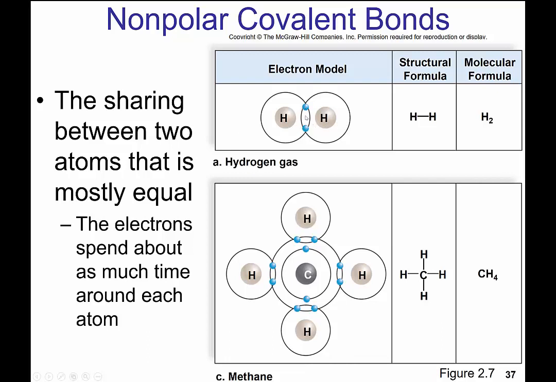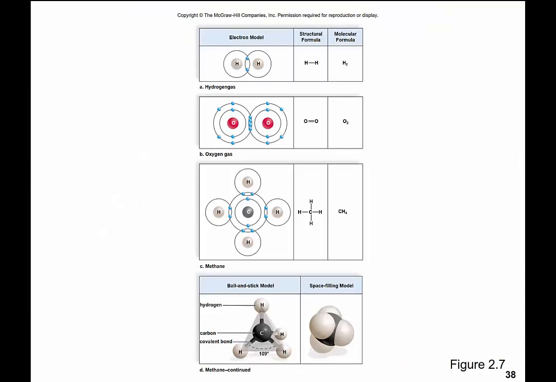It's not as though these electrons are going to spend more time around one hydrogen atom than another here. They're fairly equally shared. Similar to methane, it's mostly equal, as in the electrons spend about as much time around each atom. So hydrogen, oxygen, methane, all nonpolar covalent bonds.